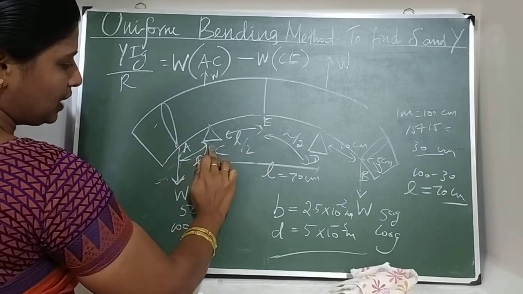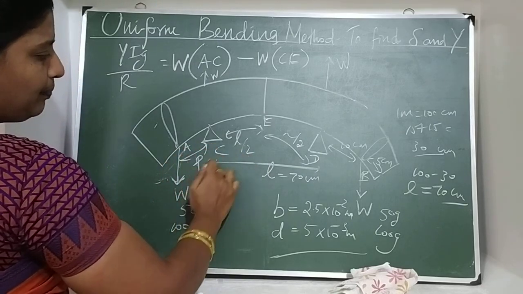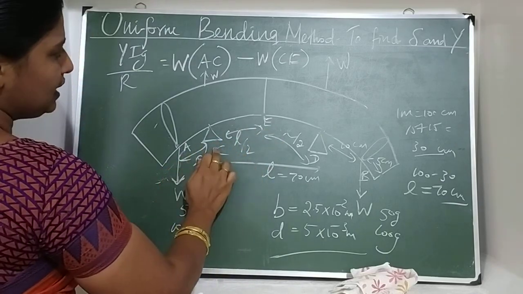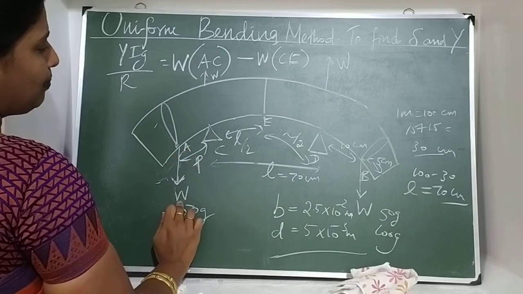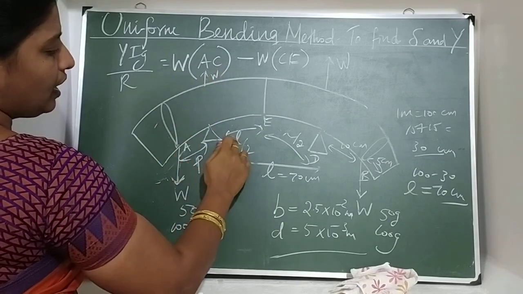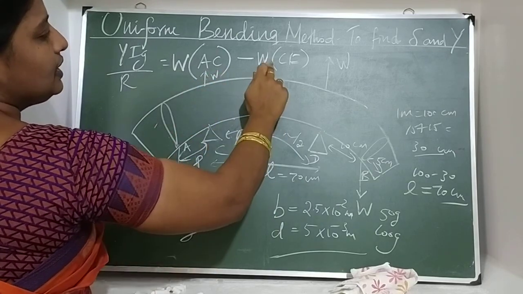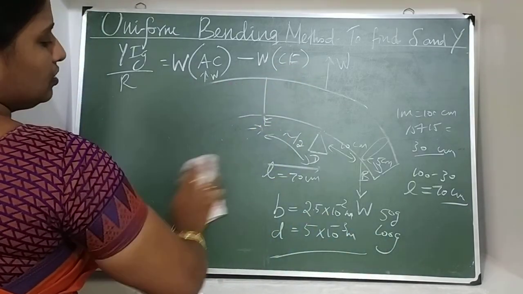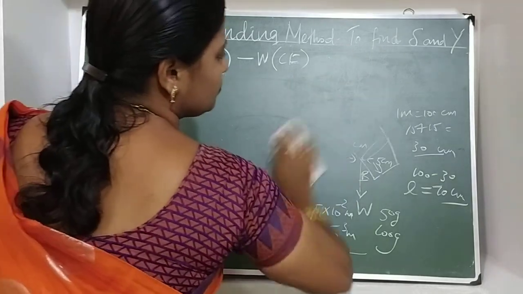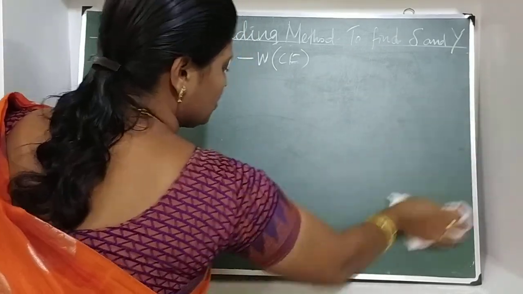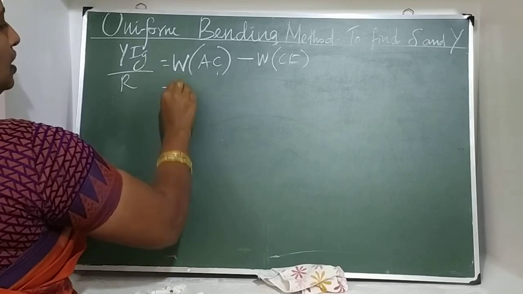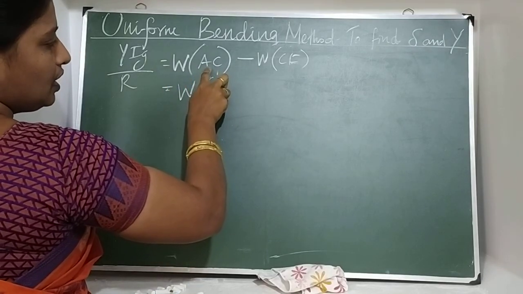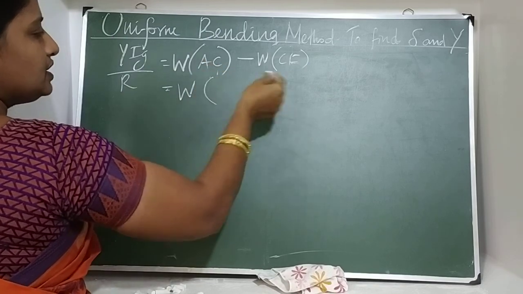Your weight hanger to knife edge distance P, and knife edge to midpoint L by 2. This is AC. W load applied once gives W into AC, and then C into E. This changes this length value. W into this, you can change the total here.